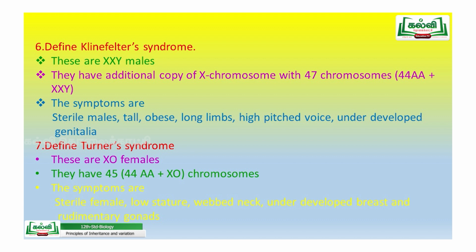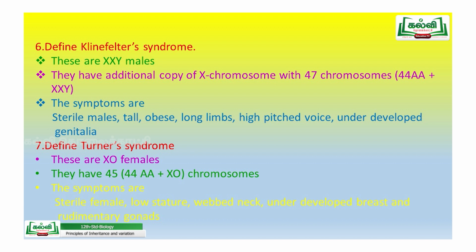So, the males cannot produce fertile sperms, that is called sterile males. They will be tall and obese, they have long limbs, their voice is high pitched, and they have underdeveloped genitalia, not properly developed.